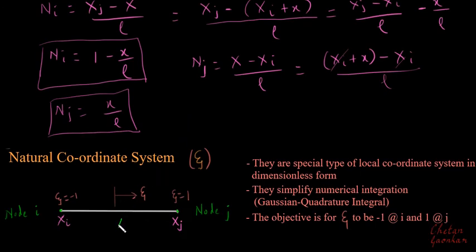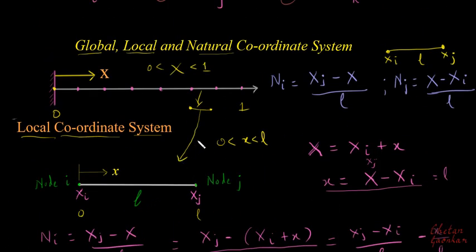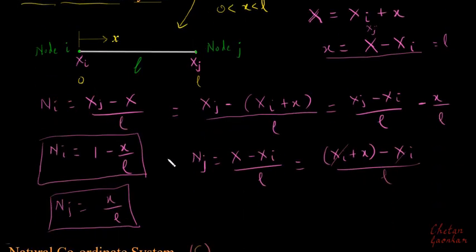Irrespective of the length of this element, the natural coordinate system always varies from minus 1 to plus 1, irrespective of where we have picked this element from in the global coordinate system.